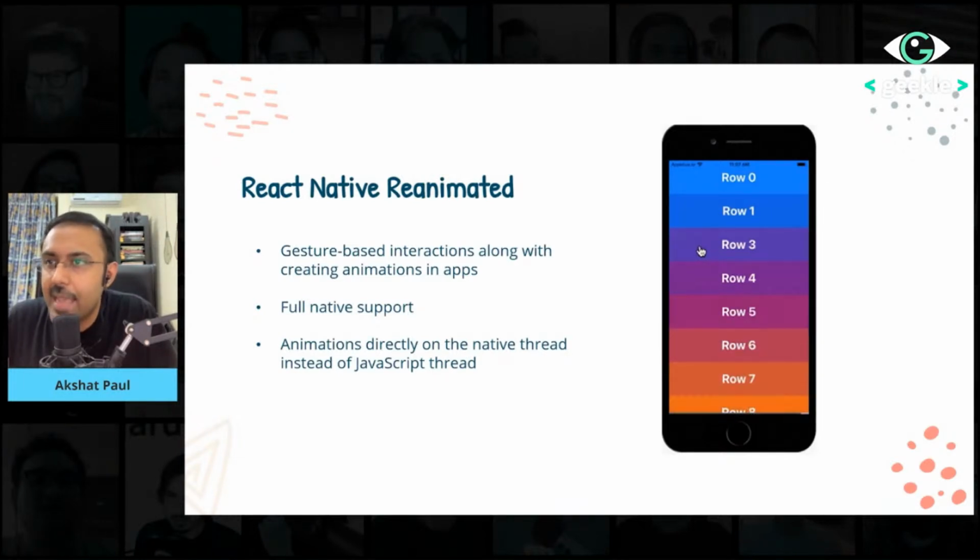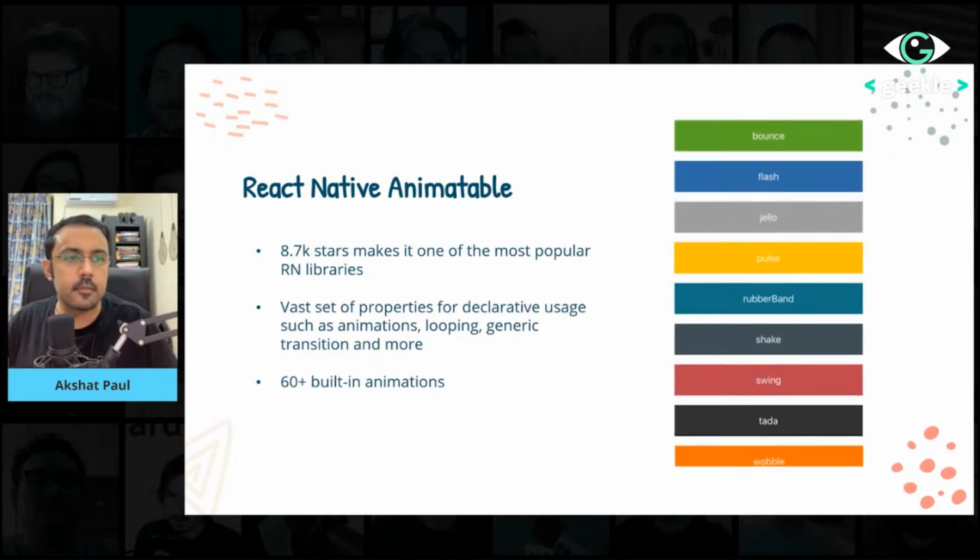The library is actively maintained by the core contributors and developers at even Expo. So it's a pretty robust library to be used. Let's move to the next one. Next, we have React Native Animatable.